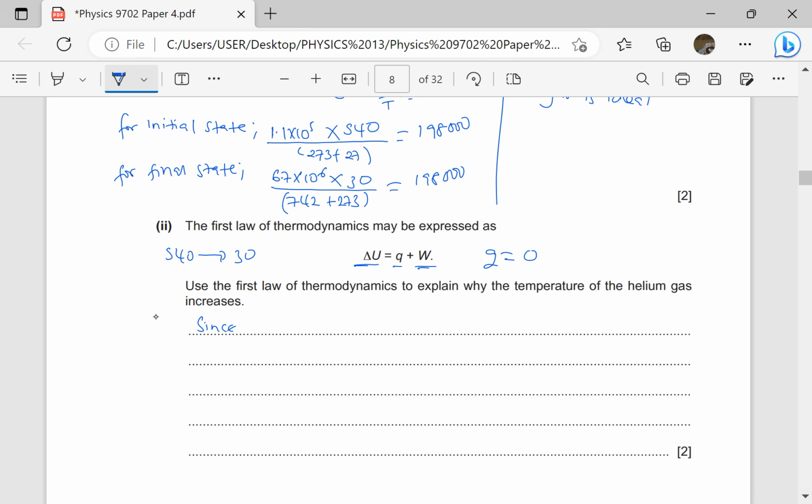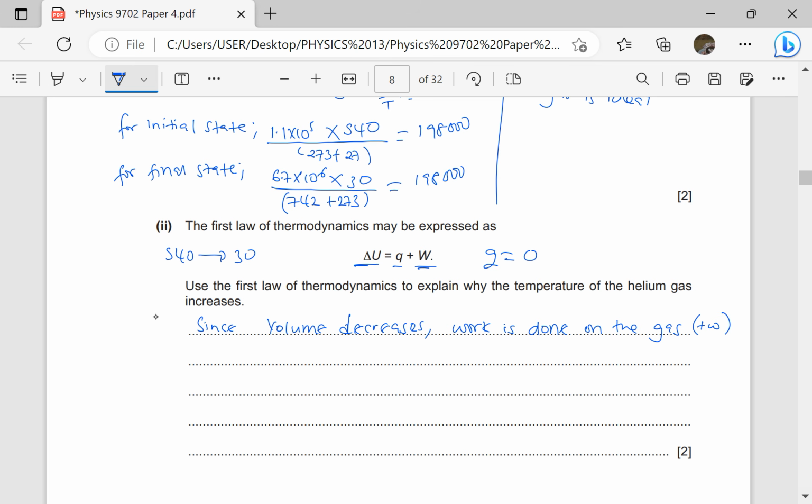Since volume decreases, work is done on the gas. And remember, when work is done on the gas, the work done is positive, which means delta U is also going to be positive.